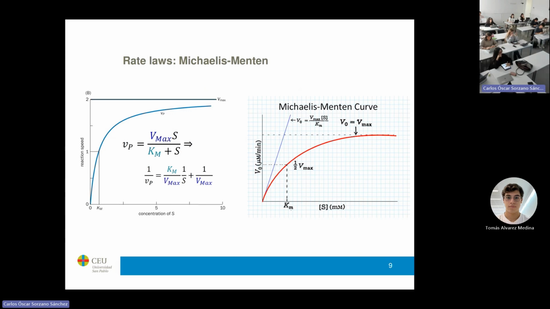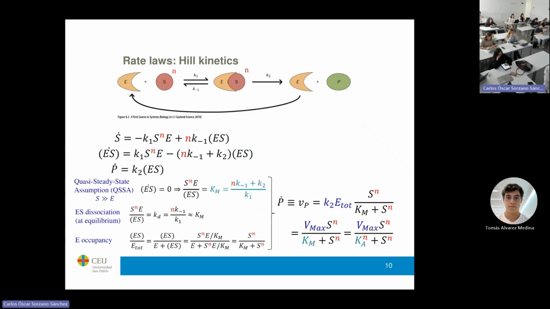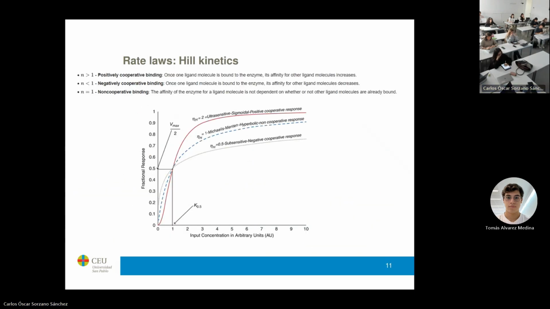So that point is fixed. So that point also happens in this Hill kinetics. But the way that you reach that point changes depending on what is the n. So you may go in a more steep way if n is larger than 1, or in a smoother way if n is smaller than 1.